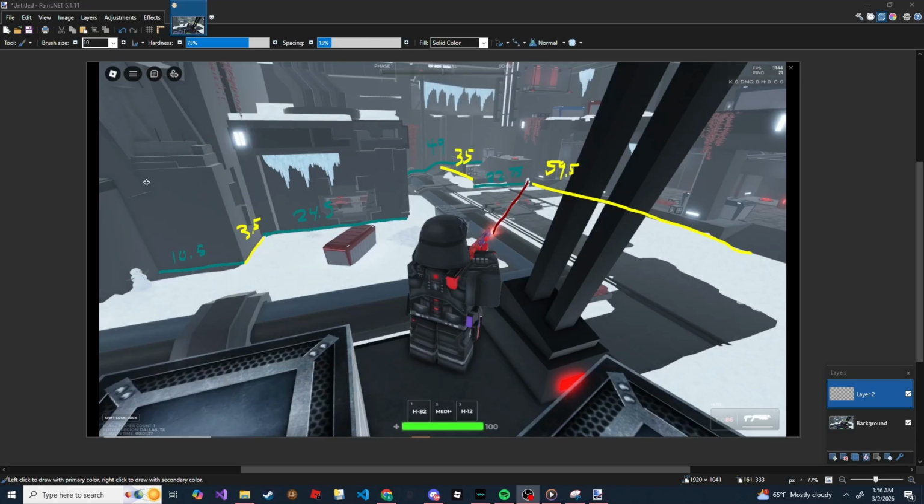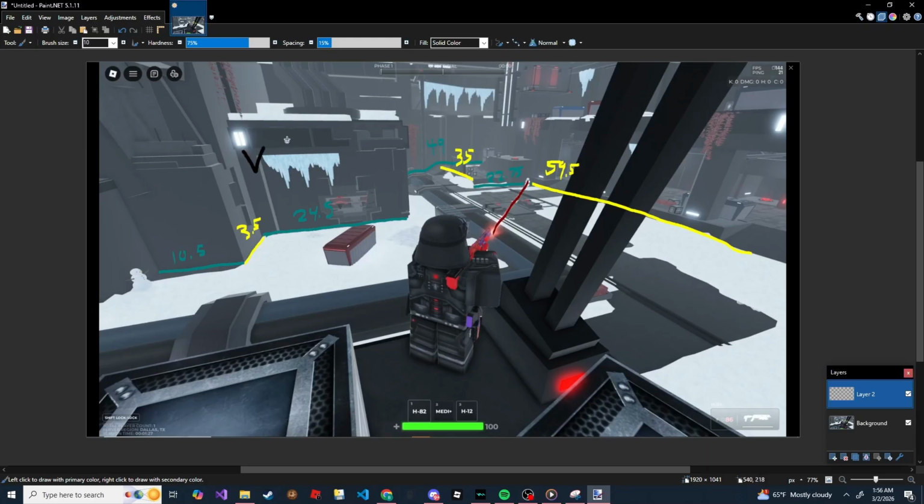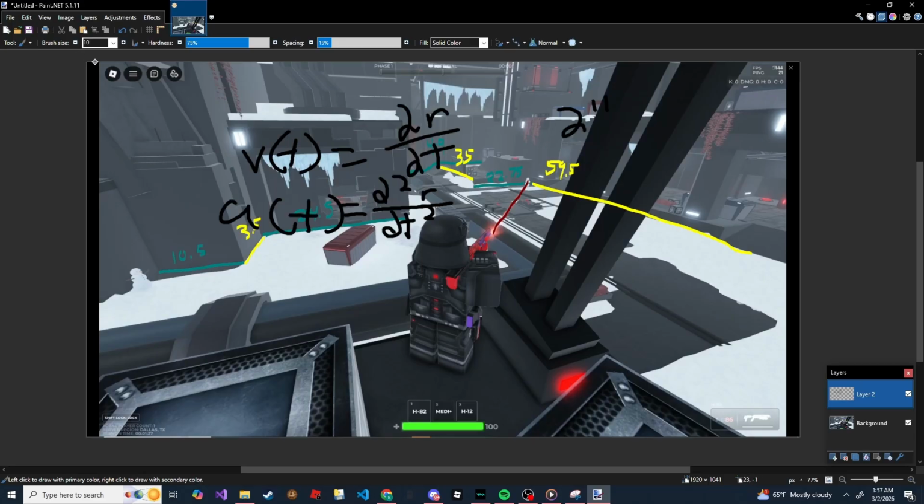Now, if we want to use the small arrow tangent of it, we need to take this equation right here, which is that V of t equals the derivative of r with respect to t. Then it would take the change of direction, a of t equals the second derivative of r with respect to t. You can write it like this, or alternatively, you can just do something like d that, but that's besides the point.